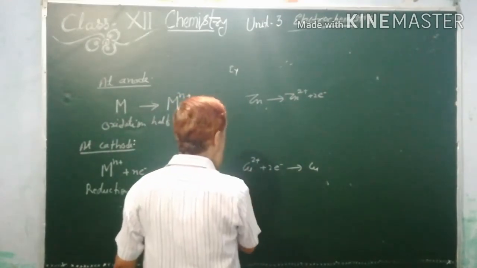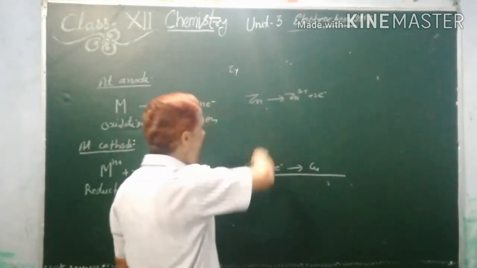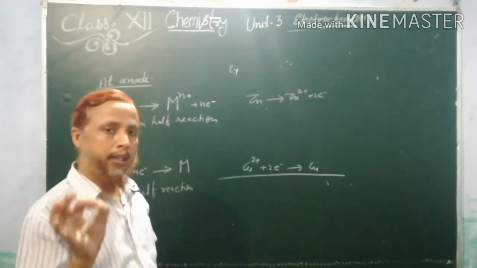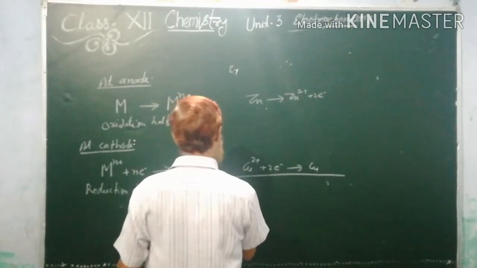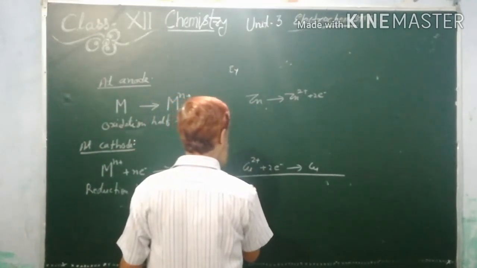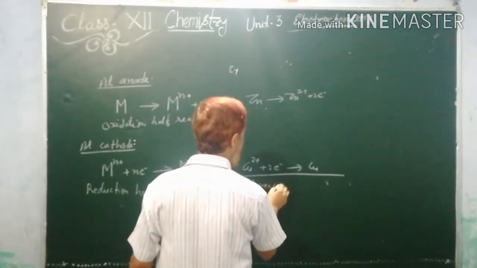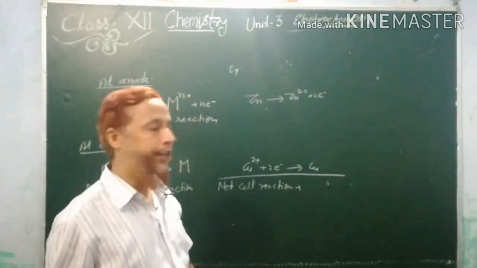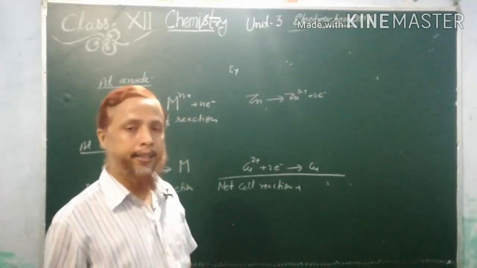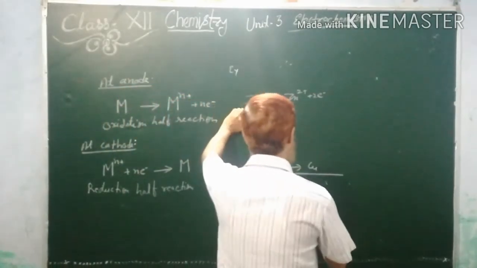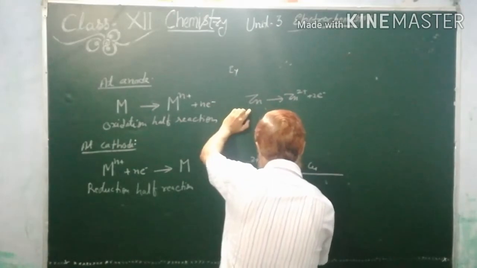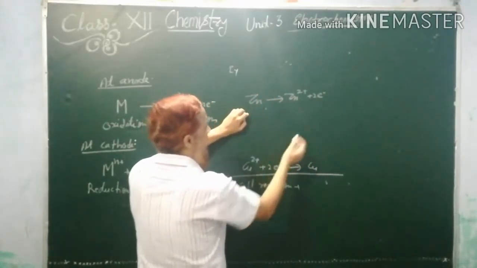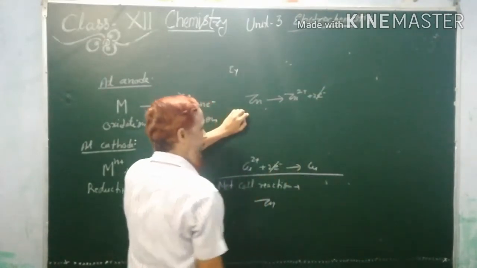If both reactions are added, then we get the net cell reaction, when we combine both the oxidation half reaction and the reduction half reaction. See, 2 electrons are here and 2 electrons here, so these will cancel out.